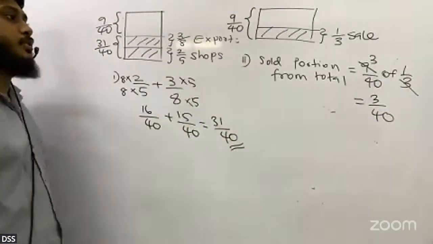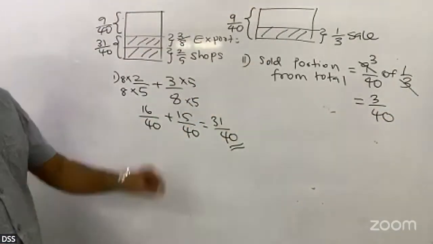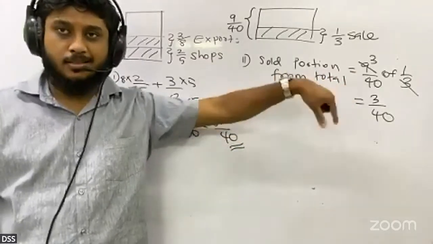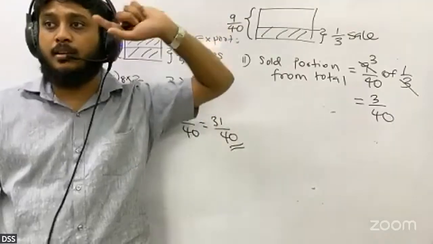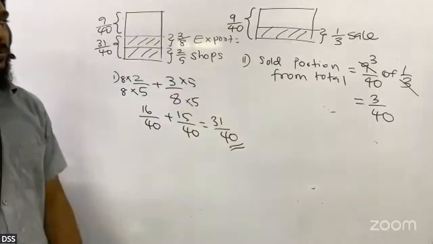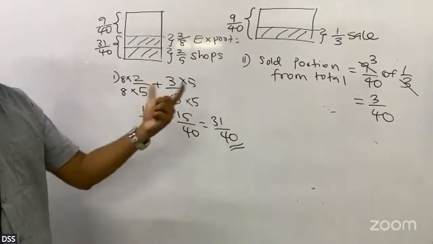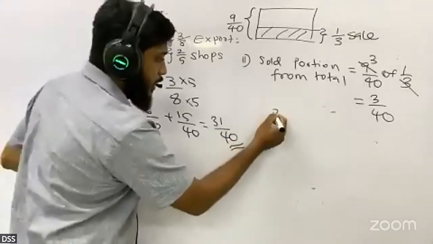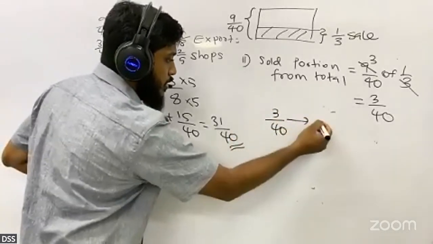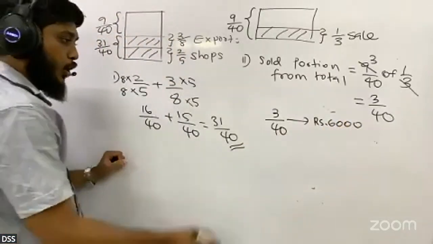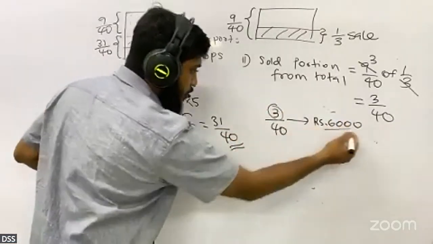Always remember, in a fraction, they will give a number and make it equal to a number, like we did in a short question earlier. Again, they have given this 3 over 40 as rupees 6,000. How many portions are 6,000? 3 portions are 6,000.